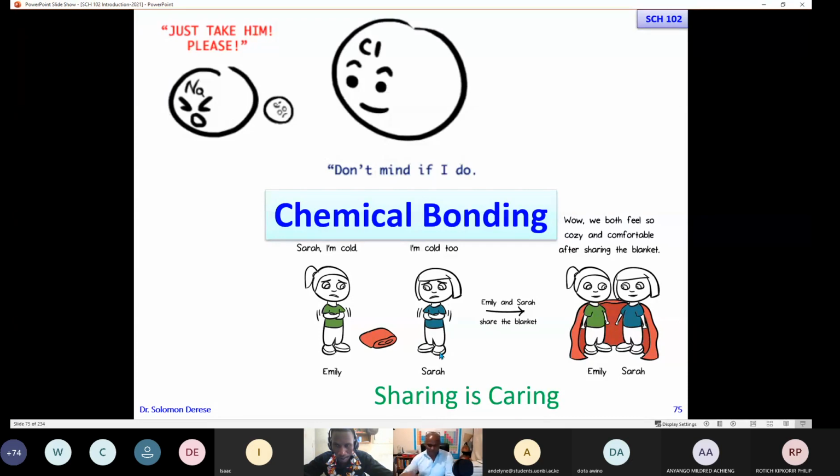So to become stable, molecules can share their electrons. There are two ways of achieving stability, either through sharing or transfer of electrons: ionic bonding, which is transfer of electrons, or covalent bonding, which is sharing of electrons.